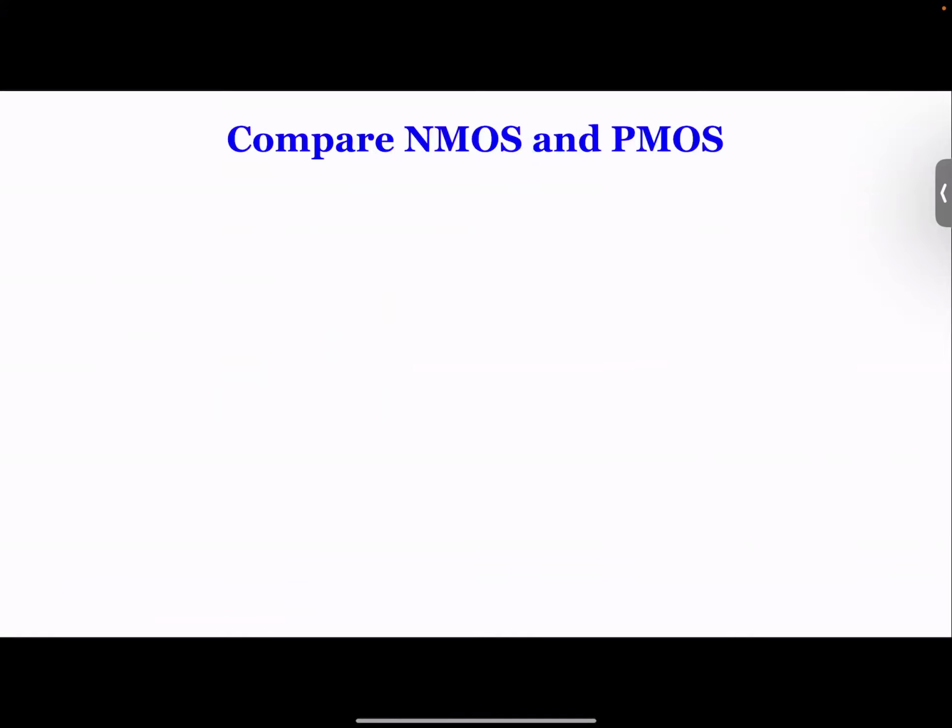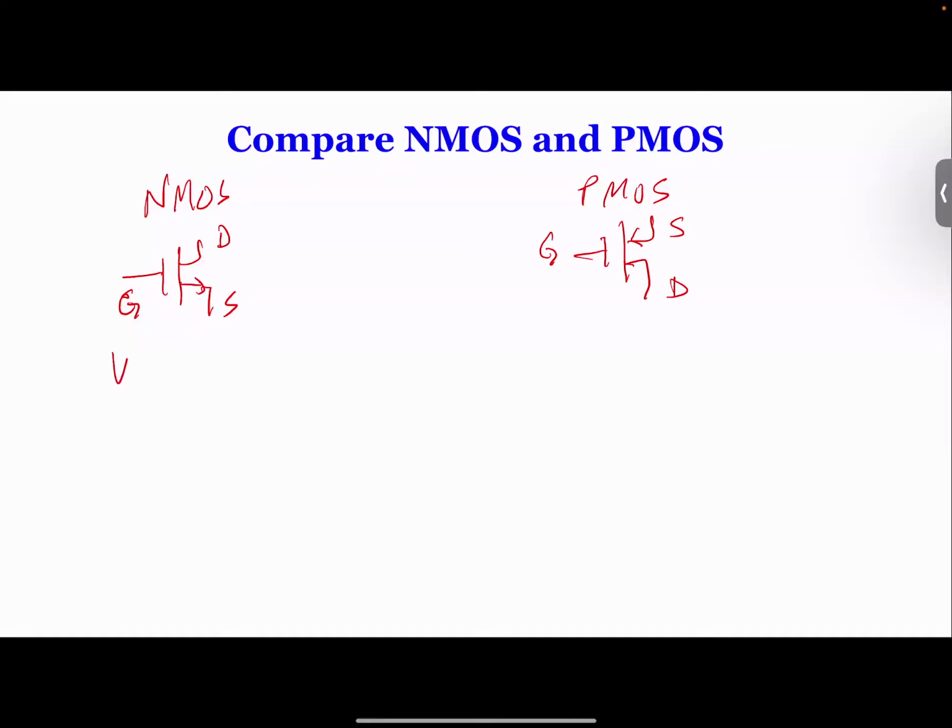So I want to just go back to, again, compare NMOS and PMOS. So for NMOS, our equivalent circuit is G, D, and S. For PMOS, the conditions to have current: if VGS is less than VTN, ID is 0, or we call it off mode.